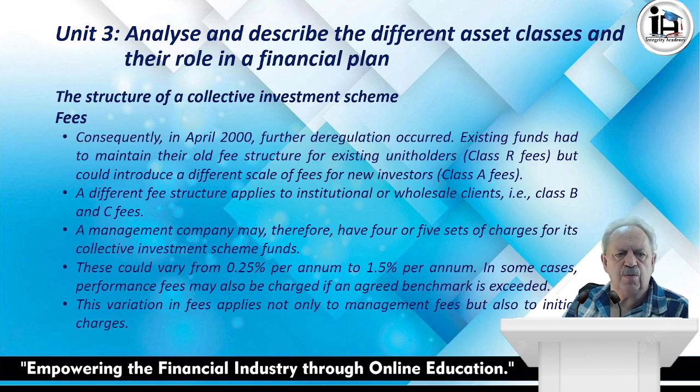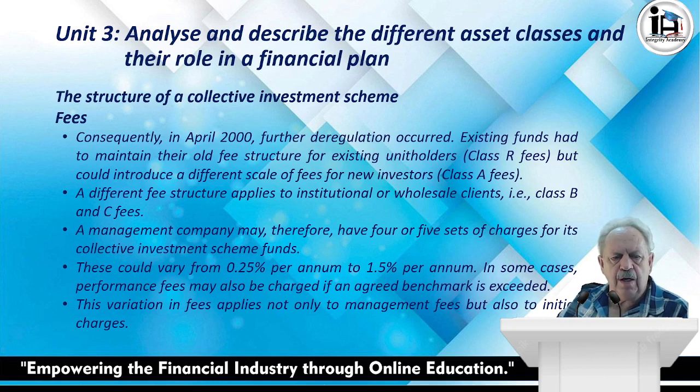Existing funds had to maintain their old fee structure for existing units, Class R fees, but could introduce a different scale of fees for new investors, which is Class A fees. A different fee structure applied to institutional or wholesale clients, for example, Class B or Class C fees. A management company may therefore have 4 or 5 sets of charges for its collective investment scheme funds.